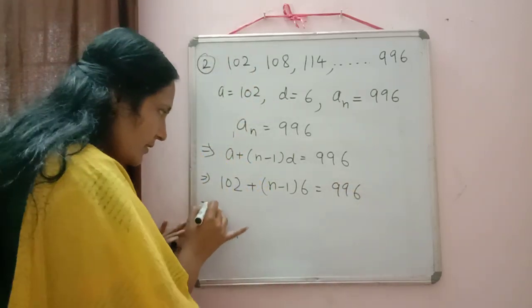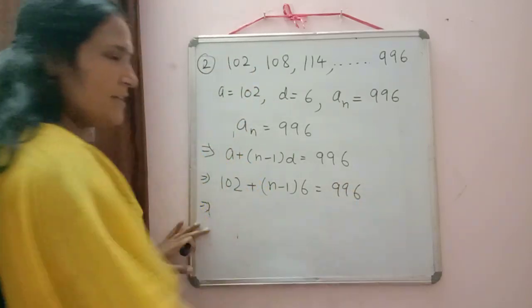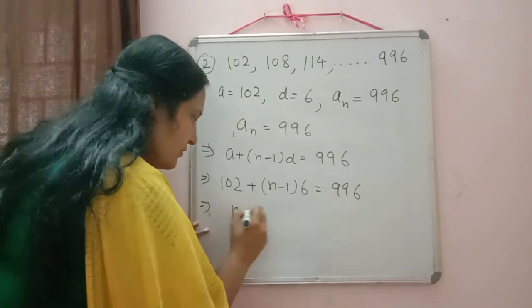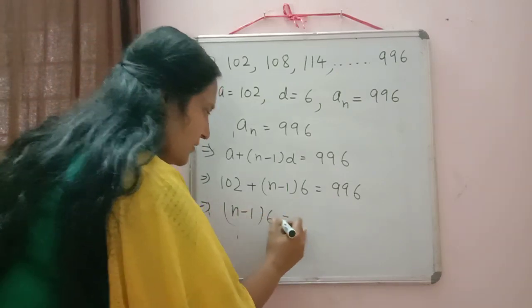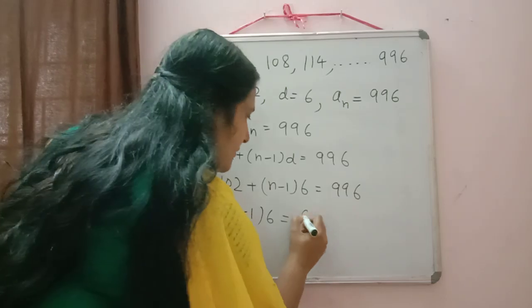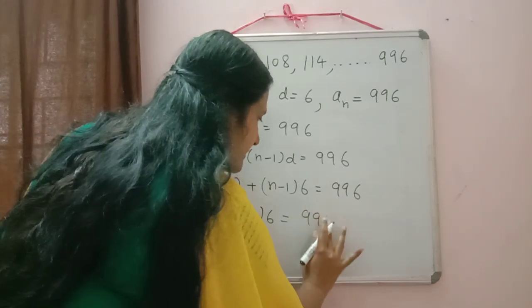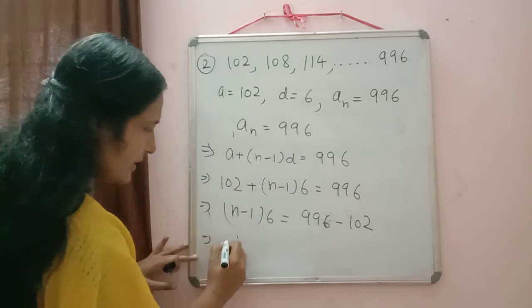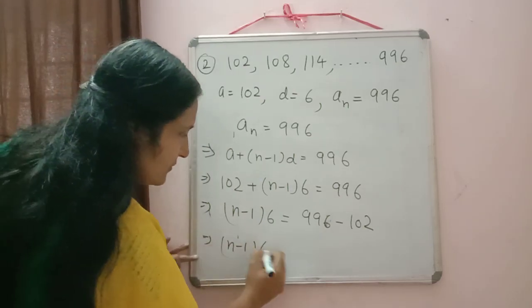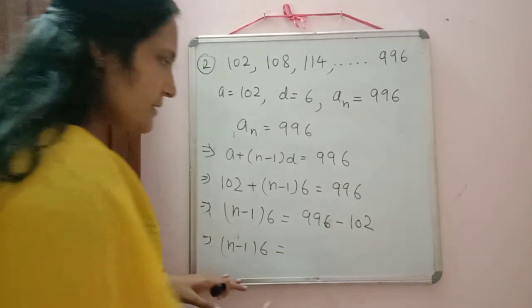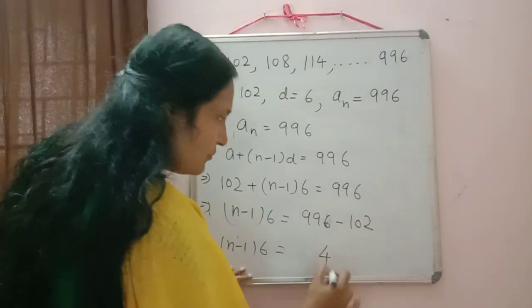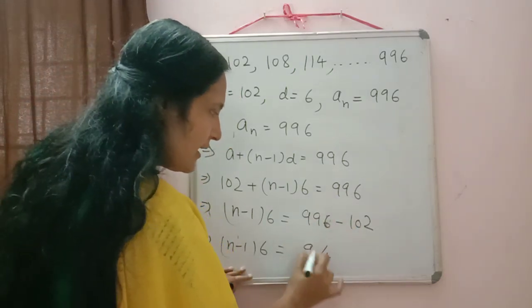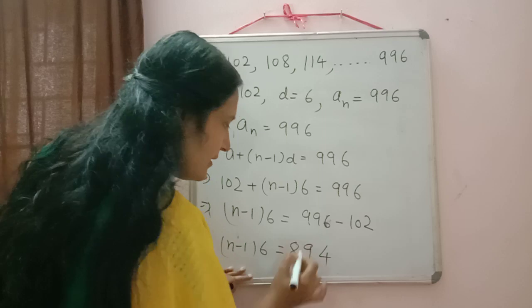Now 102 I am shifting to right hand side. So it will be n minus 1 into 6 is equal to 996 minus 102. N minus 1 into 6 is equal to, do the subtraction here. 6 minus 2, 4, 9 minus 0, 9, 9 minus 1, 8.